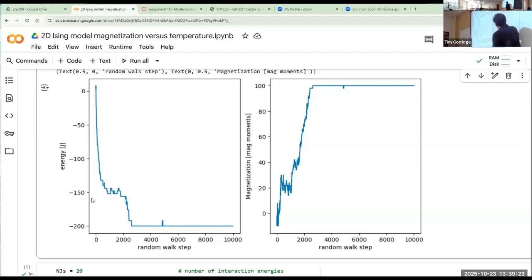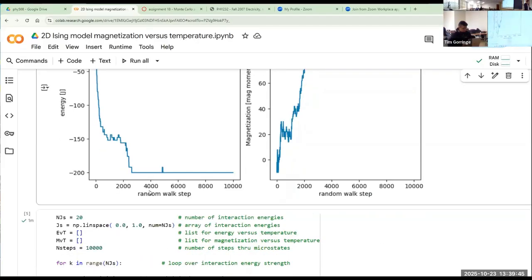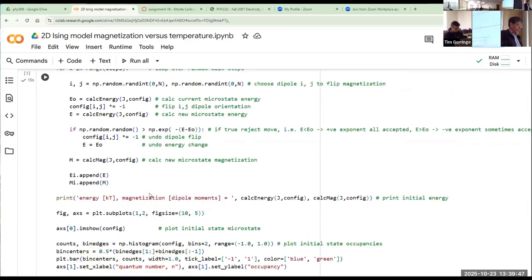Sorry, this was the magnetic energy. Here you see it in the magnetization. Again, you start out with a small magnetization, they tend to line up because of their preference to line up, until we get almost fully magnetized. In this case here, if I was to go back, let's run back up here.